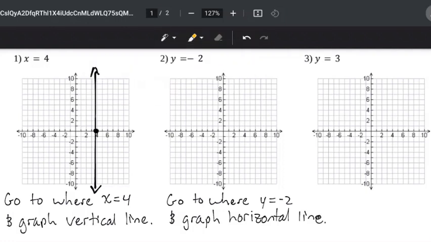So we go to where y is -2 on the y-axis. Again, always student ID or straight edge. And we are going to go ahead and draw a horizontal line through that point. And there we have it. So we have x equals 4, x equals is a vertical line, y equals is a horizontal line.